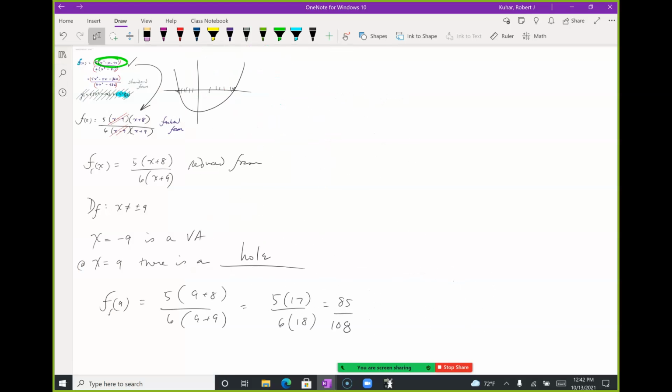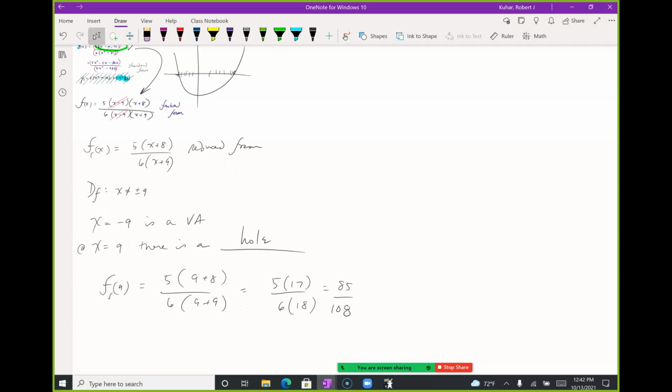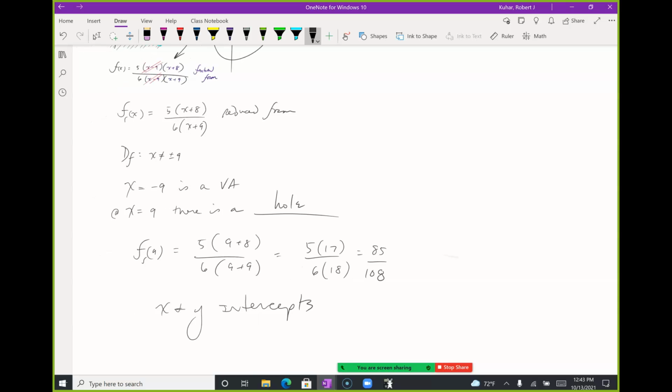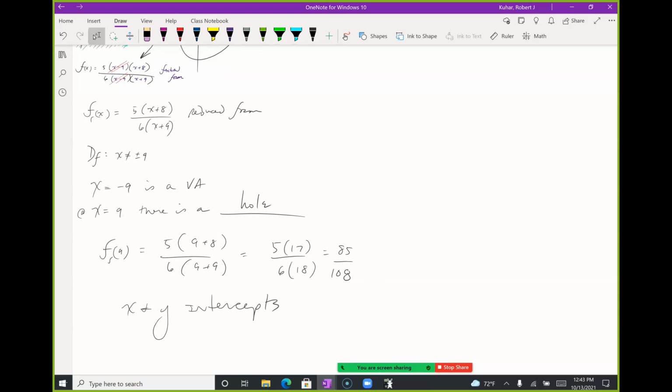What else should we have to be able to do here? I should be able to find x and y intercepts. An x-intercept is when the numerator is 0, a y-intercept is when x is 0. So I have an x-intercept at (-8, 0).